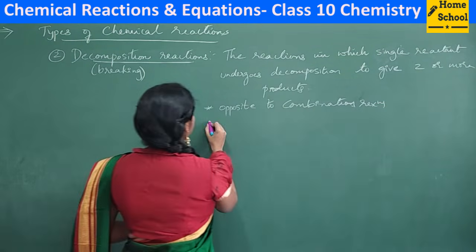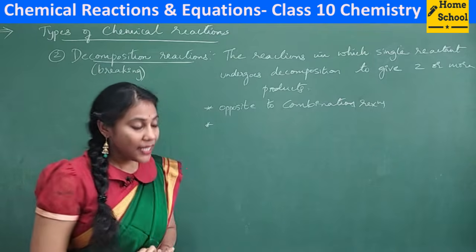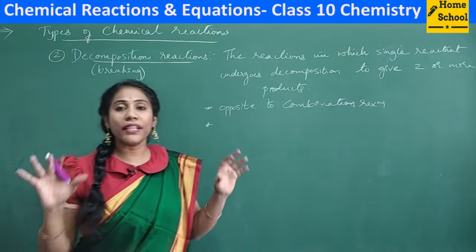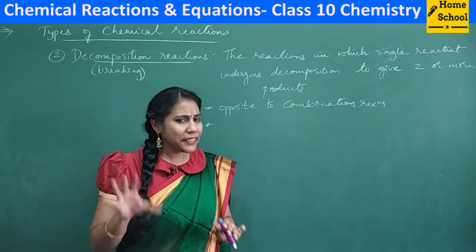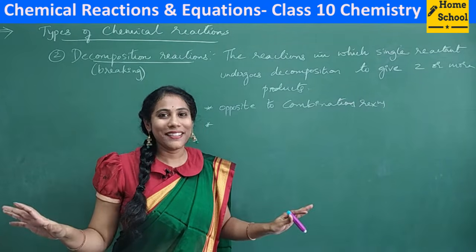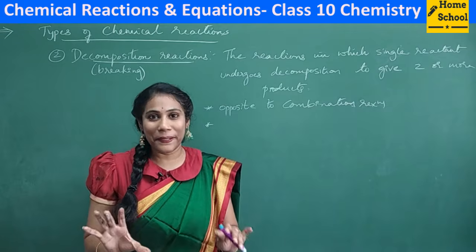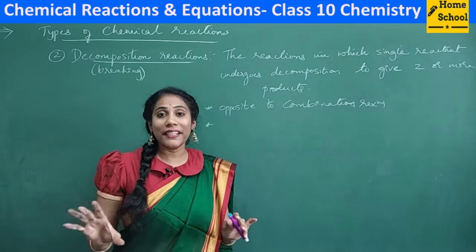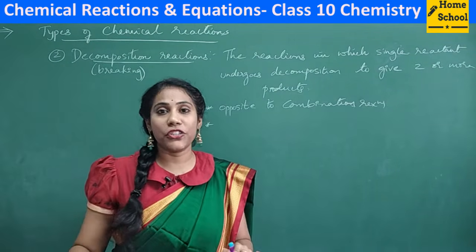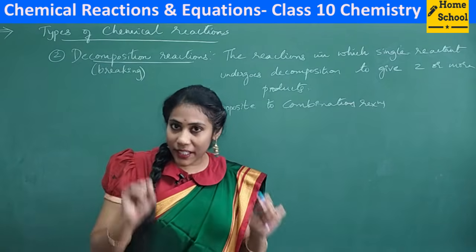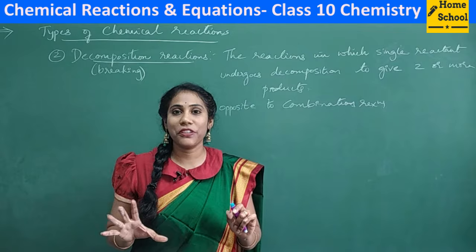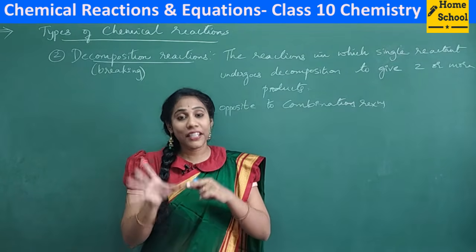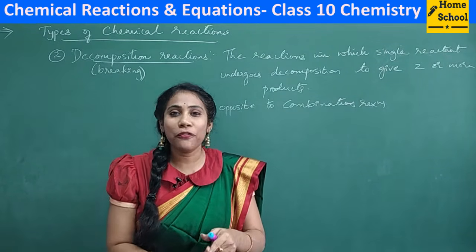And one more point that you have to remember here. The reactant whatever you took is undergoing breaking. Does it break down simply? No, right? Nothing can break down simply. And if you have to break it down, you need to supply some energy. With the help of energy only, a reactant can undergo breakage. Here, energy can be supplied in the form of heating.